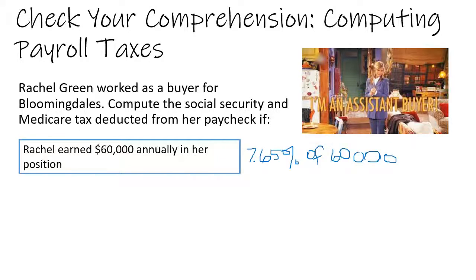If Rachel earns $60,000 annually, this places her below the $128,400 Social Security base income and well below the $200,000 additional Medicare base. So this means her Social Security and Medicare contribution is 7.65% of her $60,000 wage, which is $4,590.